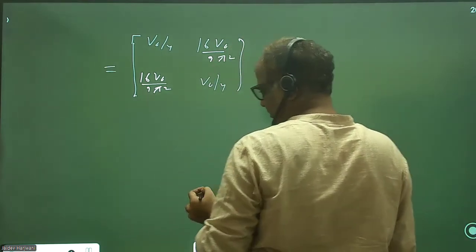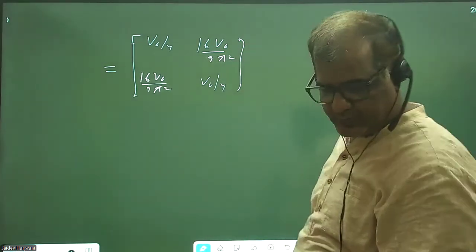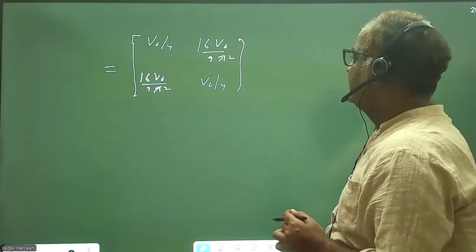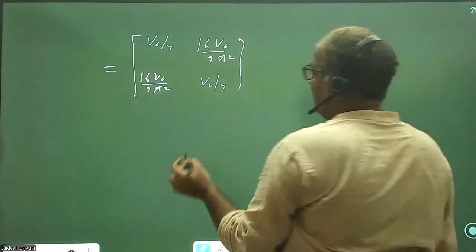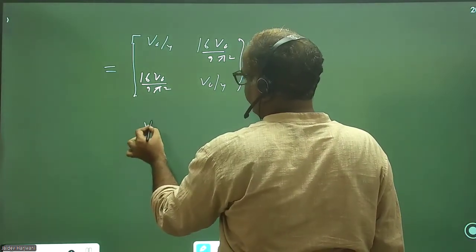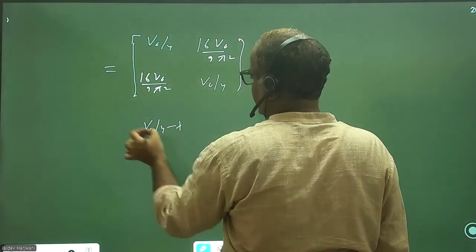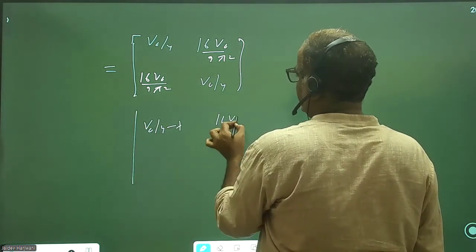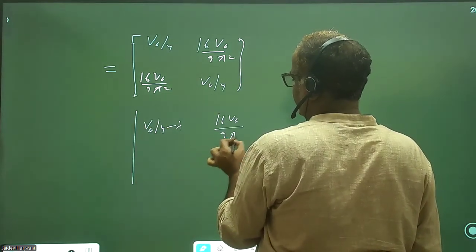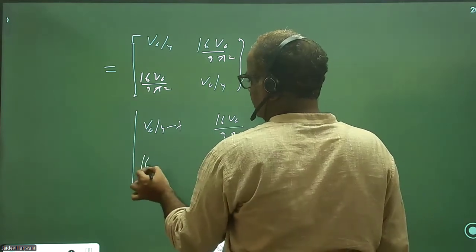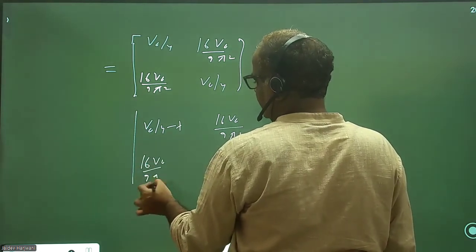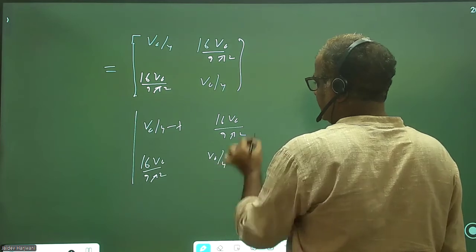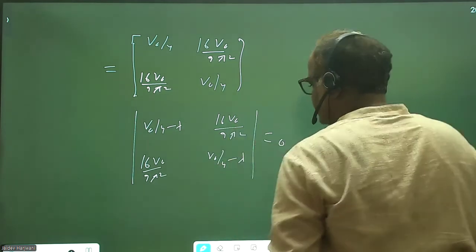Now if I find the perturbation, the eigenvalues of this matrix, it gives V naught upon 4 minus lambda, 16 V naught upon 9 pi square, 16 V naught upon 9 pi square, and V naught upon 4 minus lambda, equal to 0.